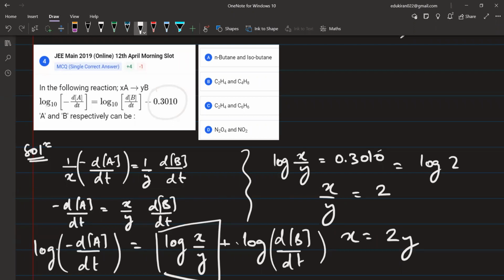Yes, sir. Okay. Now x is equal to 2y. According to that, tell me which will be the correct option. That means if I have 2A, it is going to give me 1B. Yes or no? Yes, sir. It's going to give me 1B.